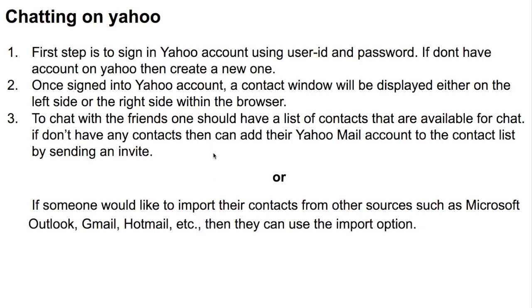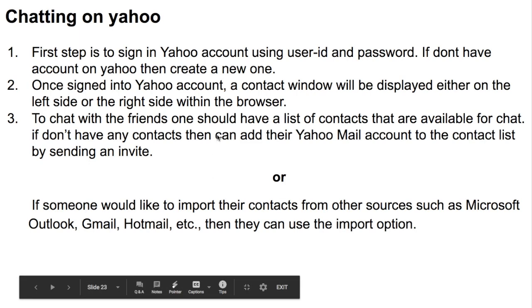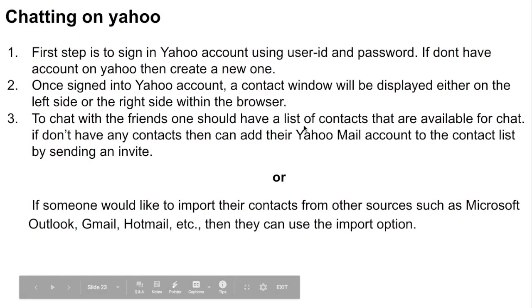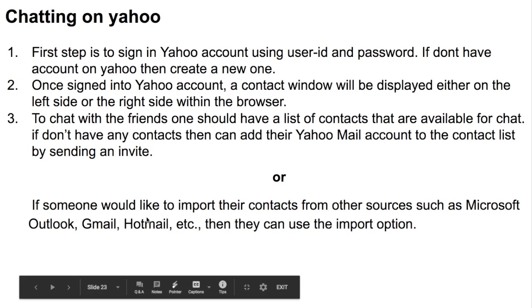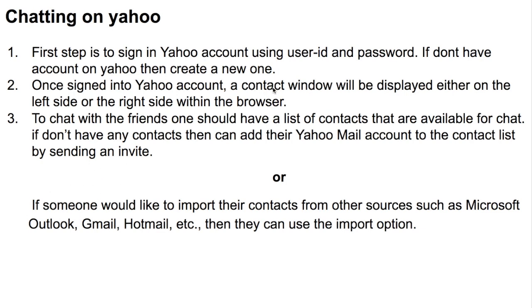So you basically have two options here to find the contacts. First, you can import the contact list. Like if you have the contacts on your Gmail, Hotmail or Outlook, from there you can import the contacts and chat with your friends. Or the other option is to use the Yahoo mail account, send the invitation to your friends, and then connect with them.